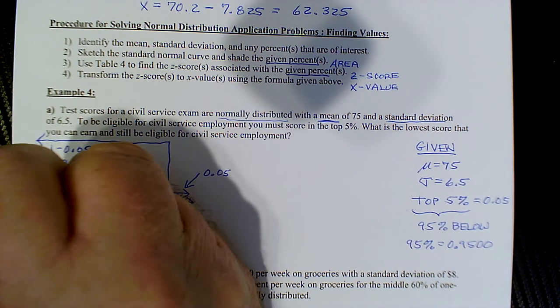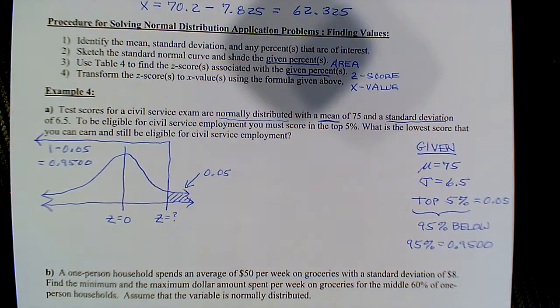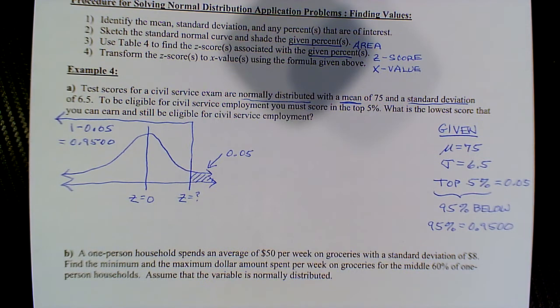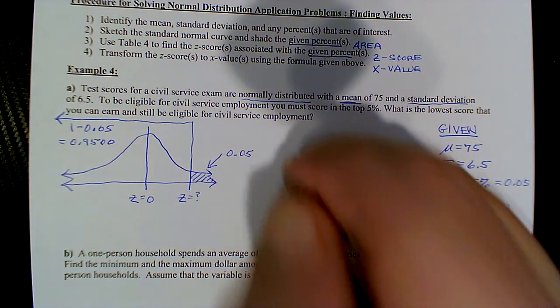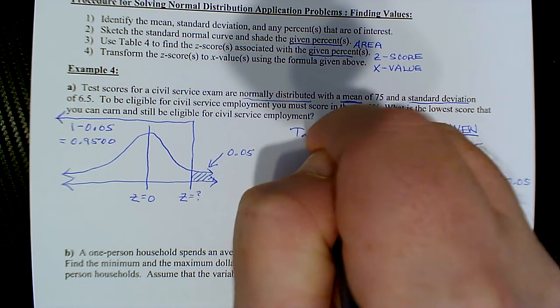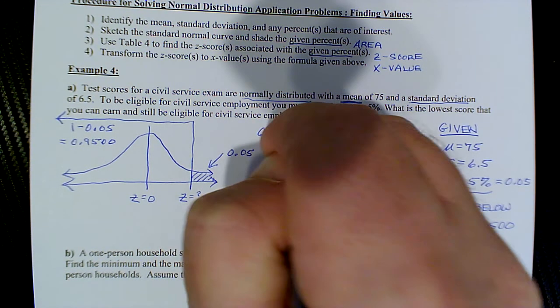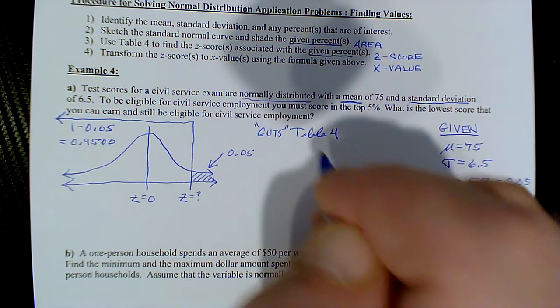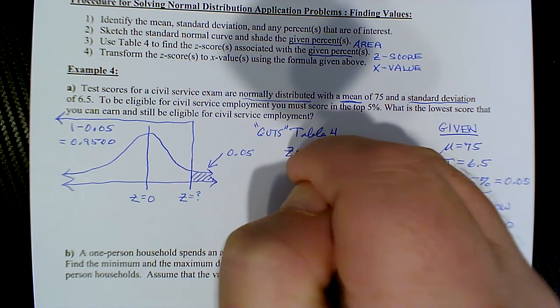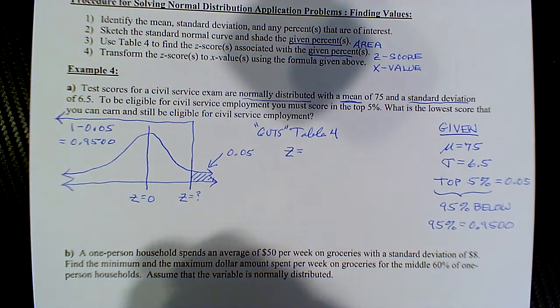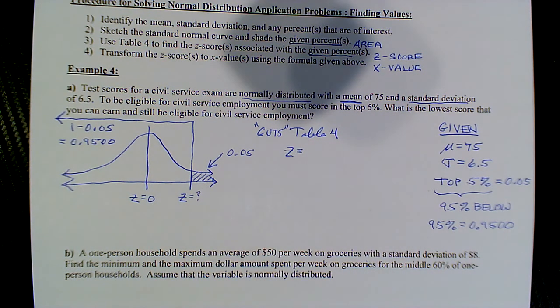And at that point, I'll add a couple zeros to reinforce the fact that I have to go to the guts of the table. So now we go to table 4, the guts of table 4, and we find the corresponding z-score. I think that was the one we just did moments ago, or actually the opposite.